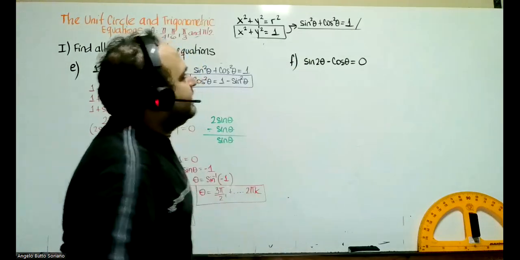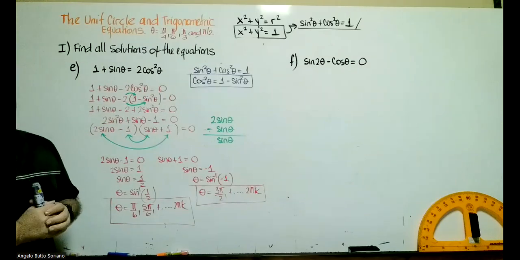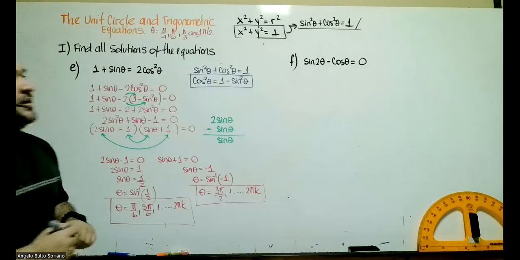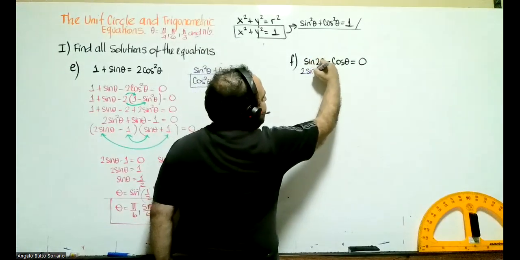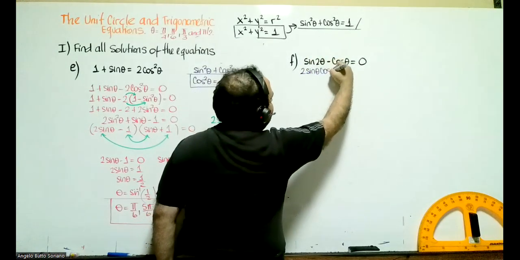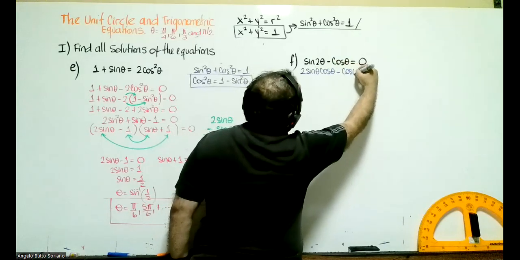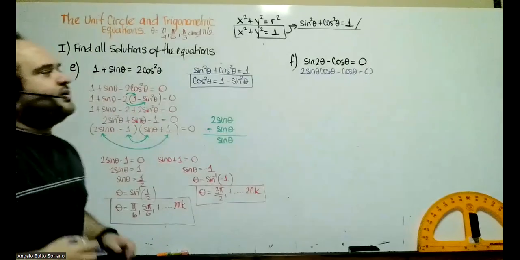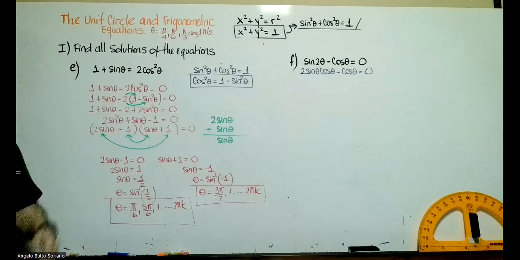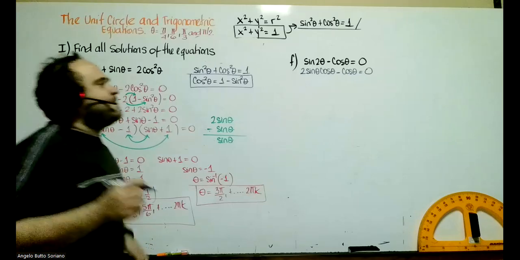I know Sylvia got the right answer. Yeah, you're doing well. Now, let's change sine of 2 theta. It's twice sine theta cosine theta, subtracting cosine theta, because sine of 2 theta is a double angle trigonometric identity. What do we have to do? Well, until this part, we can take the common factor.